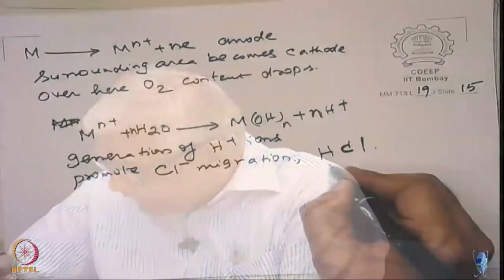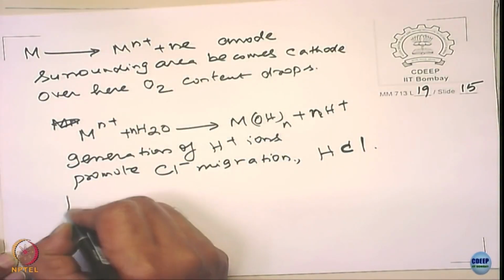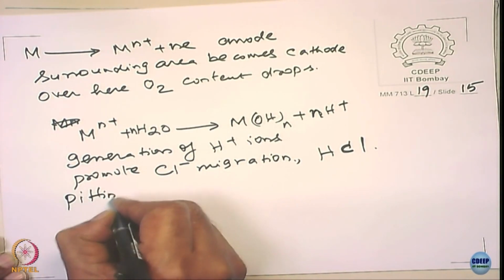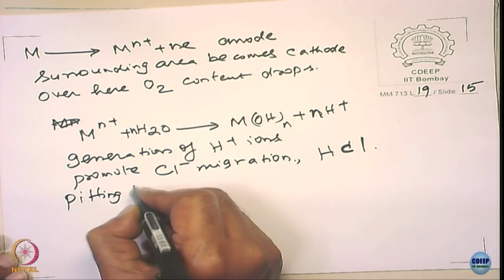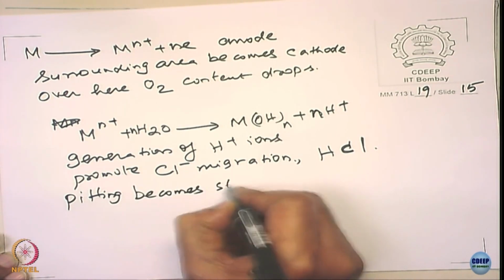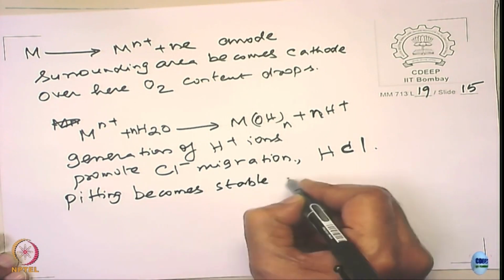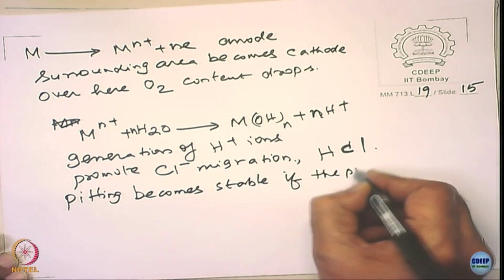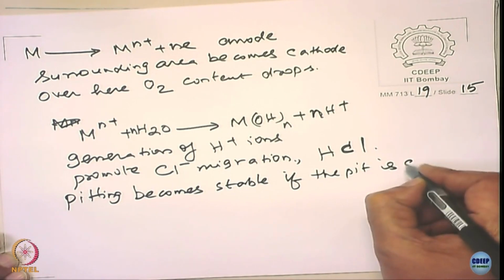The pit will be stable if you form the acid. Pitting becomes stable if the pit is acidified.